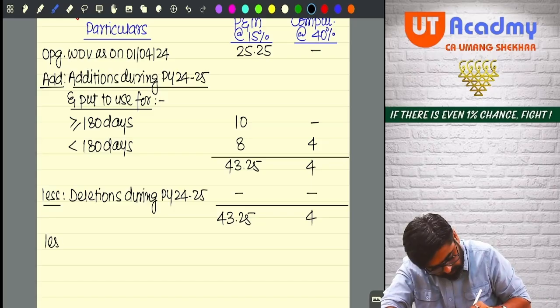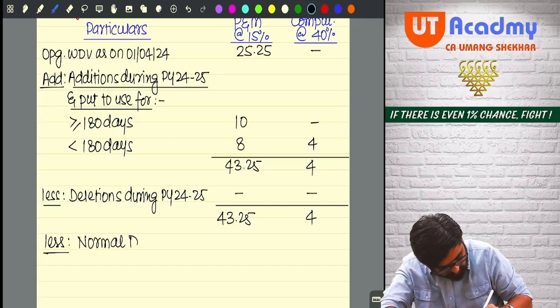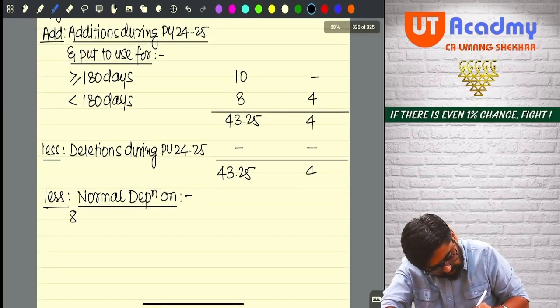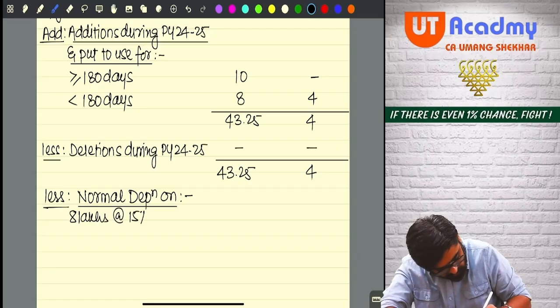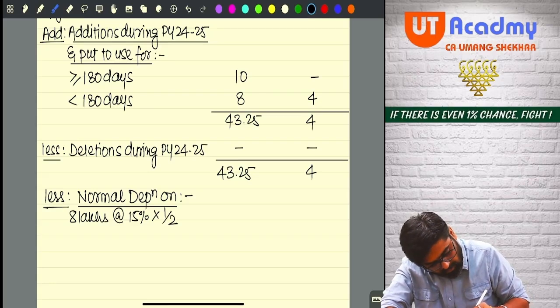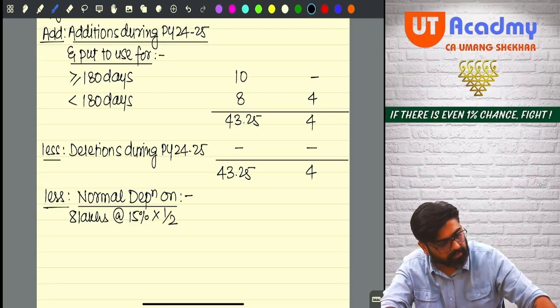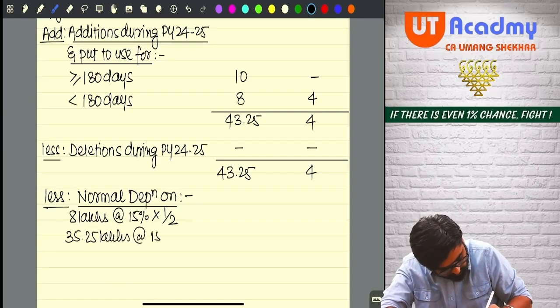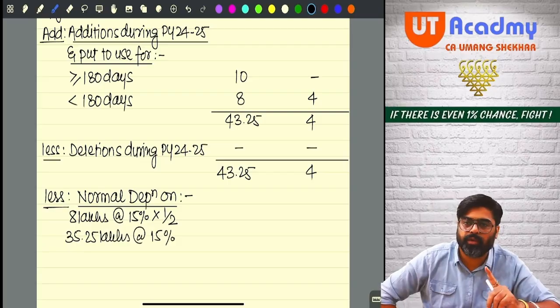Now I will less normal depreciation on entire 43.25, no, on 8 lakhs at the rate of 15% into 1 by 2, and on balance 43 minus 8 will be 35.25 lakhs at the rate of 15%. Everyone understood this much?